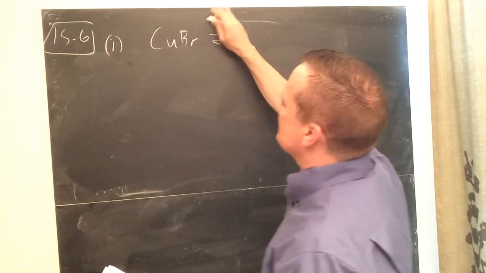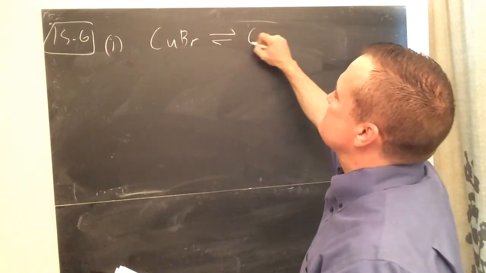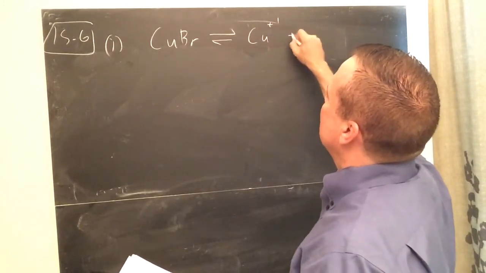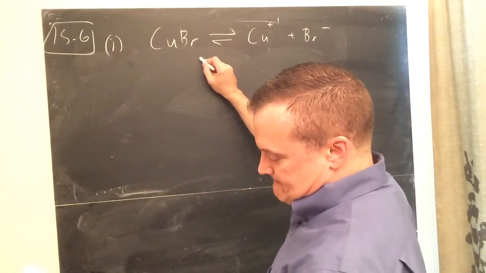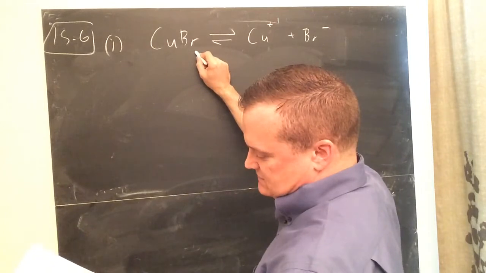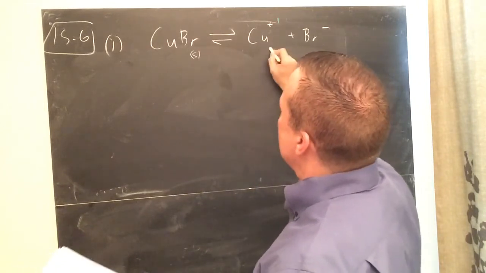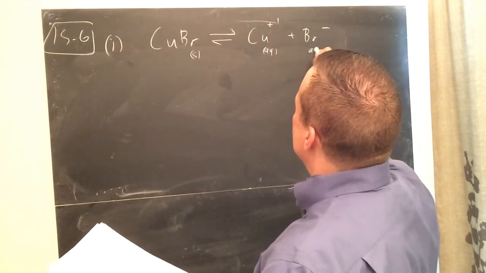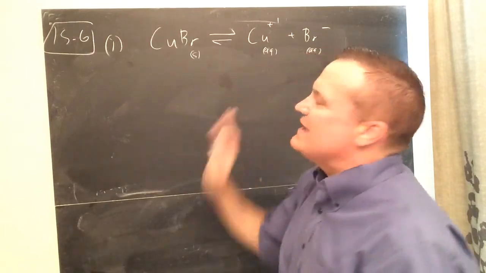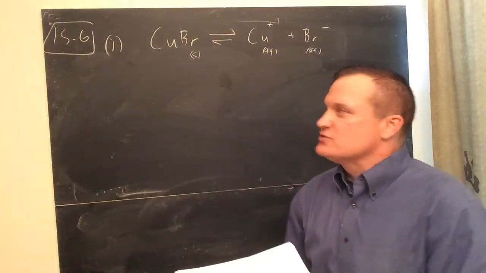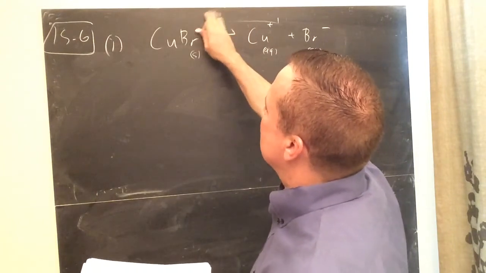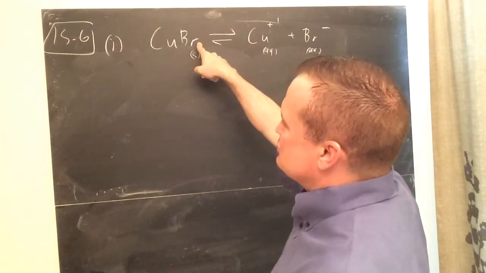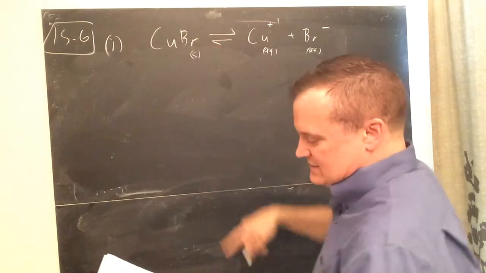We don't even write water above that, but it dissociates into Cu plus 1 and Br minus. Now, you write it as this starts as a solid, and that will be aqueous, and that will be aqueous. So in all the Ksp expressions, it's understood that that is in water. You don't have to put H2O above it, and don't add H2O here either. We don't ever do it on these. It's not really standard.